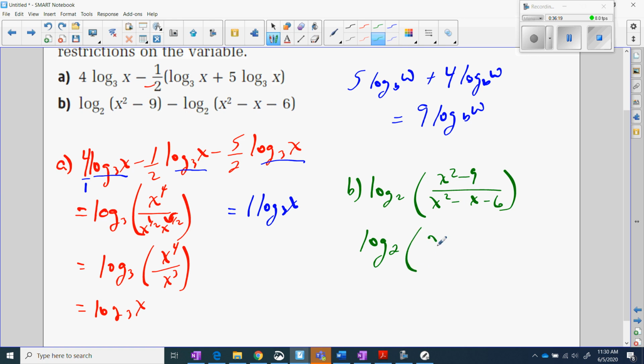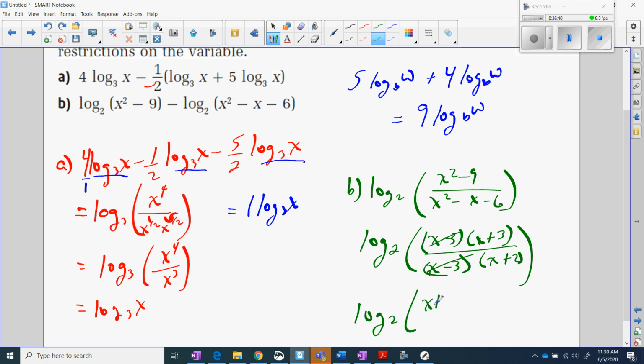Let's factor the numerator to be x take away 3, x plus 3. Let's factor the denominator to be x take away 3, x plus 2. These divide each other out, and here's the simplified version. Log base 2 of x plus 3 over x plus 2. That's written as a single logarithm.